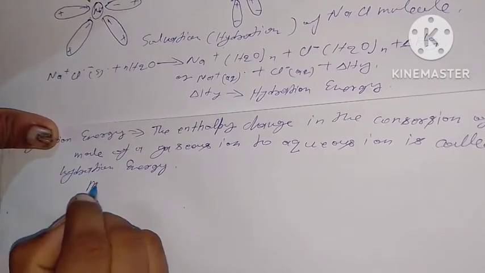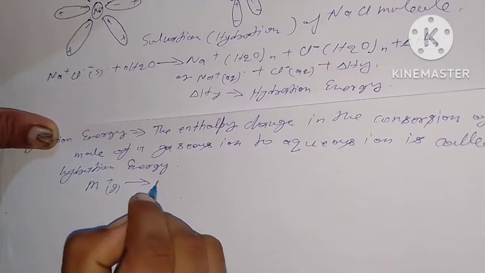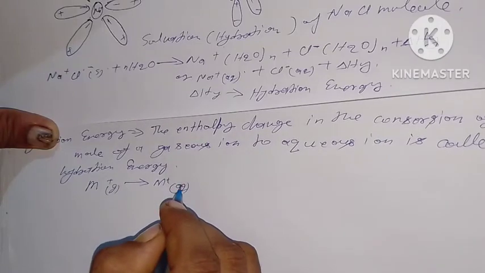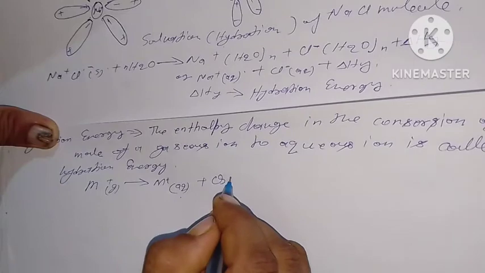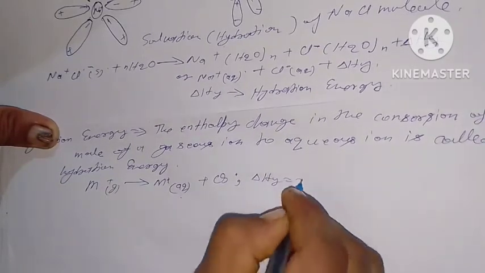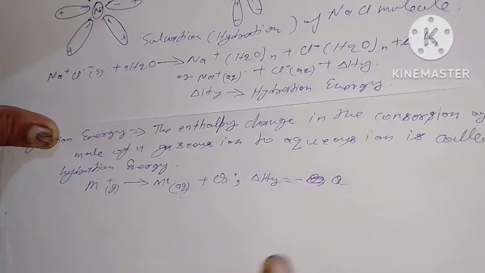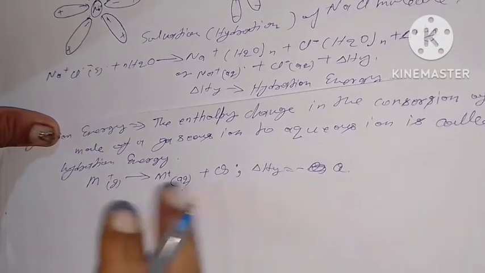Okay, M positive in gaseous state gives M positive in aqueous state plus Q. That is, delta H hydration equals minus Q. That means the hydration energy is minus Q. Heat is released in the hydration of ion.